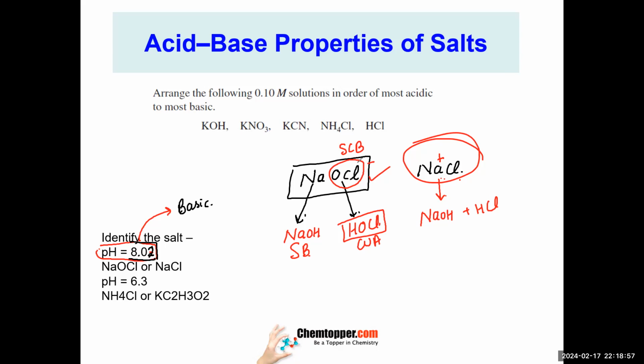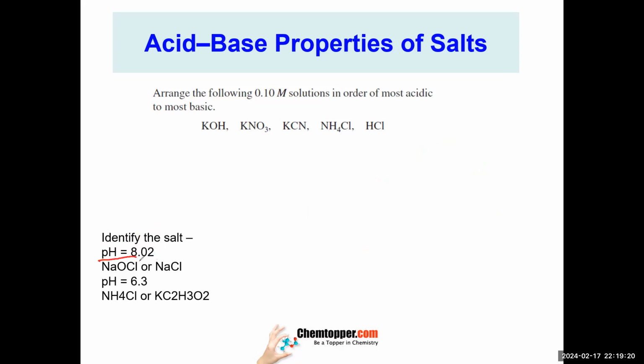Is it acidic, basic, or neutral? Sanjana is right again. It's a neutral salt. Why? Because you are using a strong base with a strong acid. Perfect. So the answer for the first question is NaOCl.